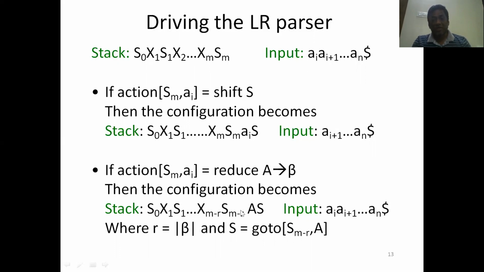Assuming that R is twice the length of beta, you need to remove that many symbols from here and then add the LHS of the corresponding handle, capital A, and goto of Sm minus R comma A as the last stack symbol. Okay, I have explained this with an example in our previous lesson. You can go through that to understand this properly.